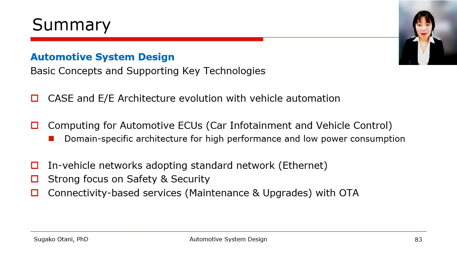Domain-specific architecture achieves high performance and lower consumption. Networks are evolving as cars become more automated. In-vehicle networks are adopting standard technologies such as Ethernet and CAN XL as the amount of information increases.